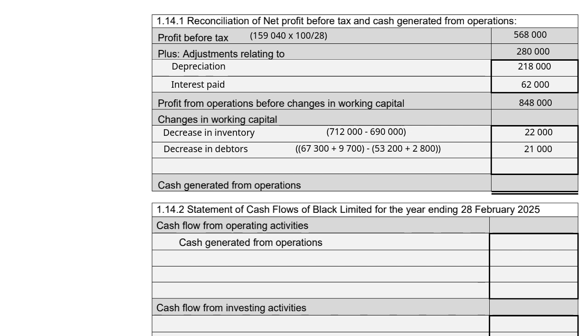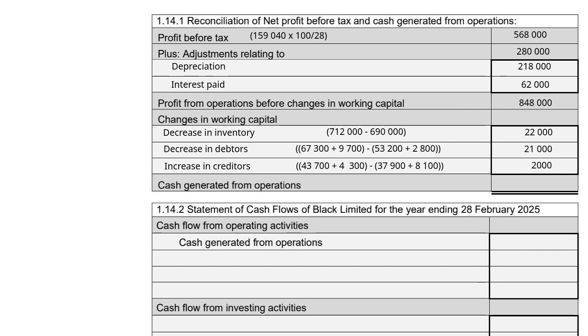And for 2025, it's the 43,700 plus 4,300. And that will then give us an increase in creditors. And if we calculate the amount, it's going to be 2,000 out of brackets. Because once again, it's an inflow in cash.